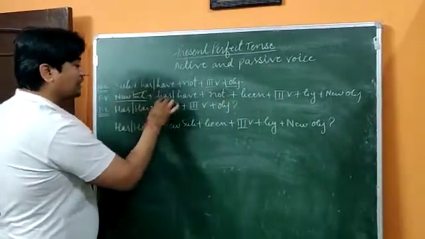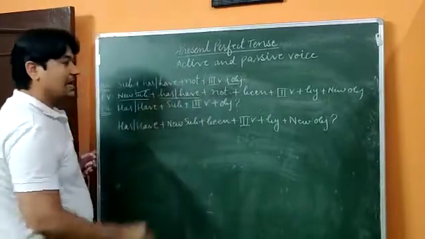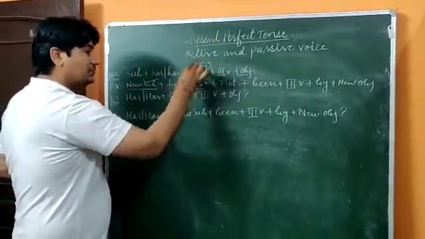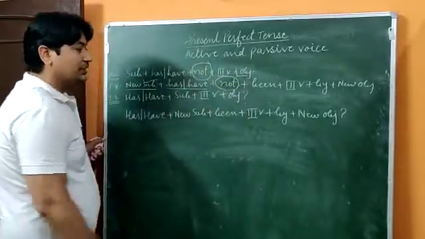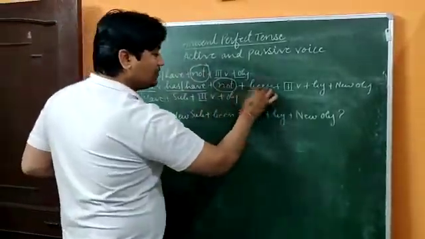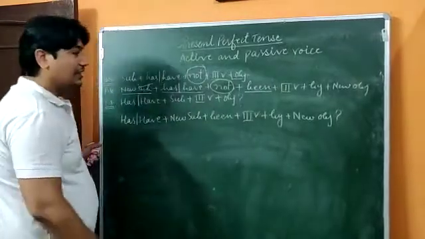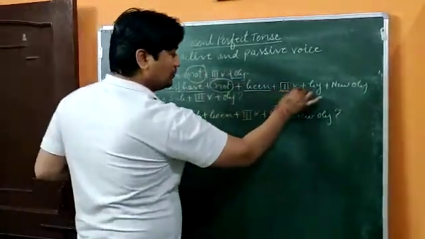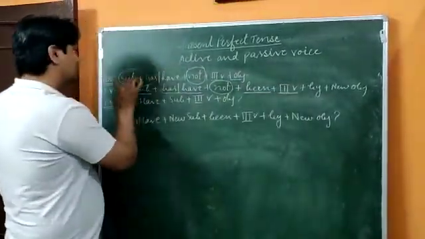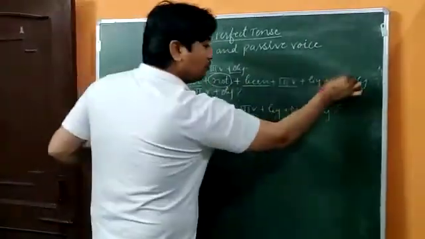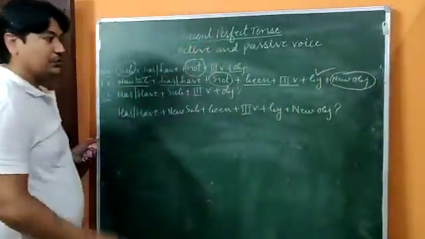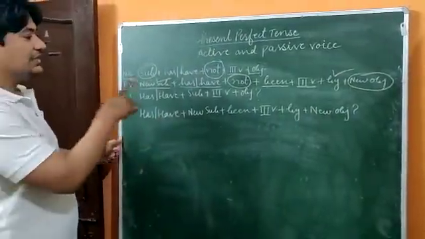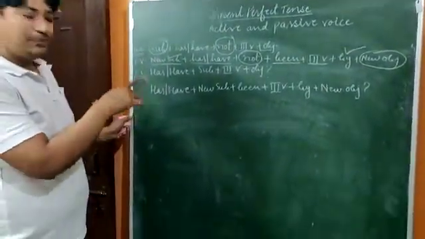According to this new subject we are to use has/have. As not is here in active voice, same here it will come in passive. Then to make the sentence passive we are to use been, okay, and then use third form of verb, and then this subject will become new object, but before that we are to use by. So in this way you will change negative sentence into passive form.